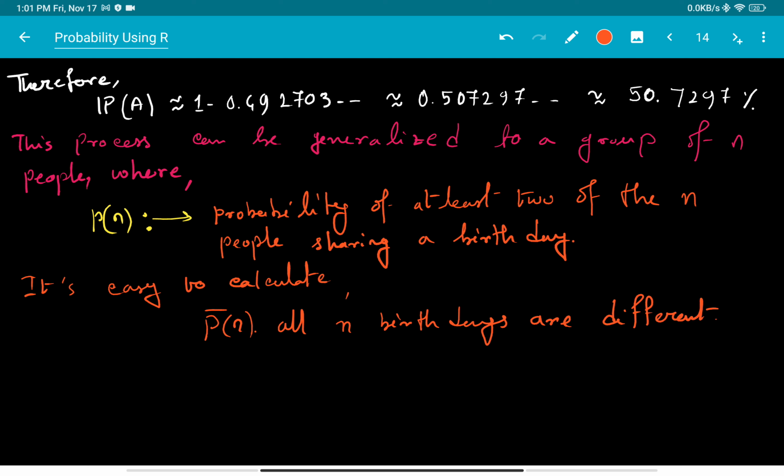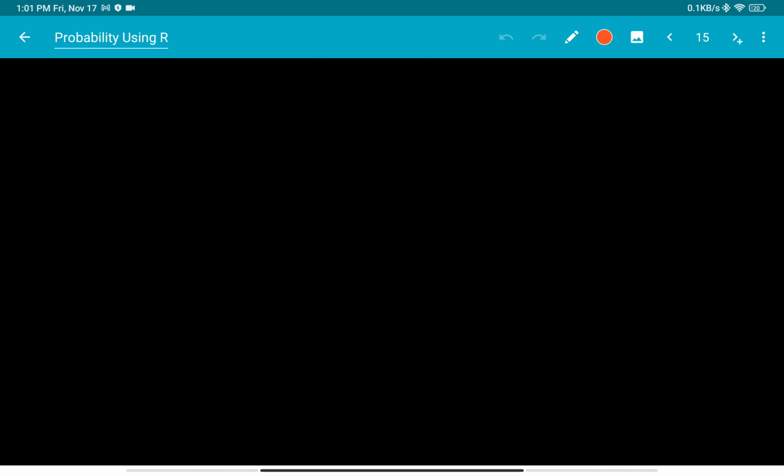According to the pigeonhole principle, so what does the pigeonhole principle mean to us? We'll use the pigeonhole principle in this case. Let me go to the next page.